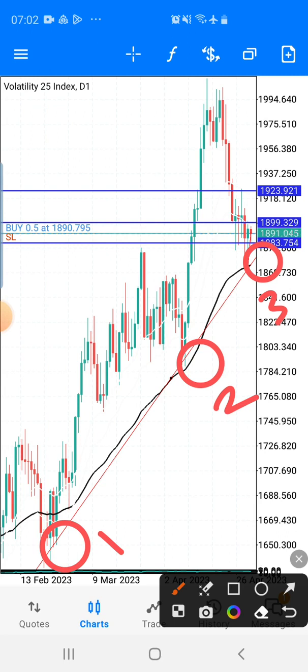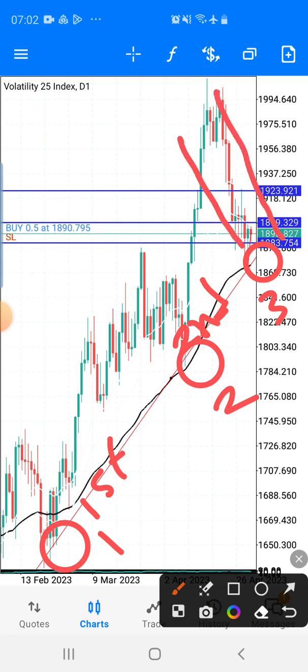Now this first touch right here, this trend line is still not valid. This is where the trend line becomes valid. So everybody has seen that this is a valid trend line. Now we are waiting for an opportunity to buy whenever the price returns to the trend line, which is this retracement now.